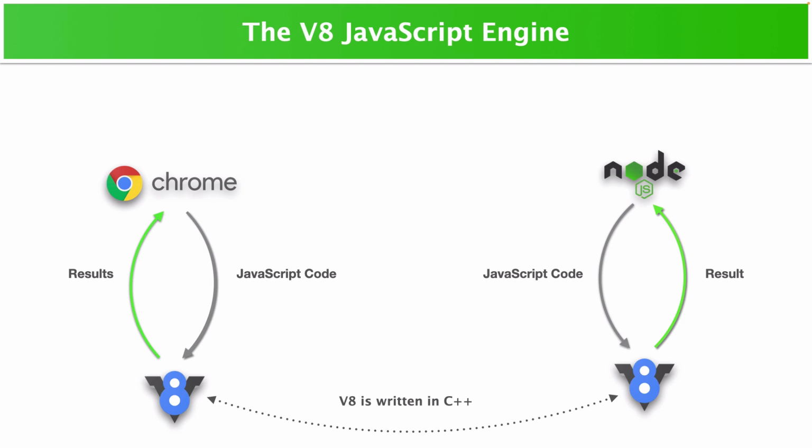It is what allows Chrome to interact with the DOM when the DOM isn't part of the JavaScript itself, and it also allows Node to interact with your file system when the file system isn't part of JavaScript either. So V8 has no idea how to interact with the file system or what the DOM is. It is up to Node and Chrome to provide implementations for those when running V8.